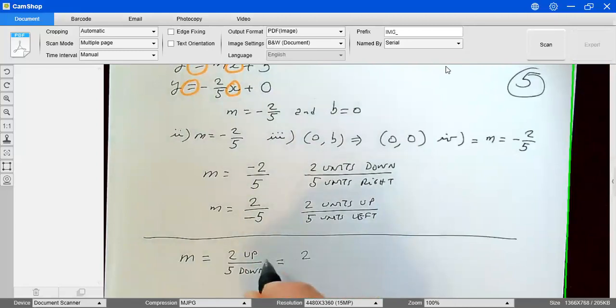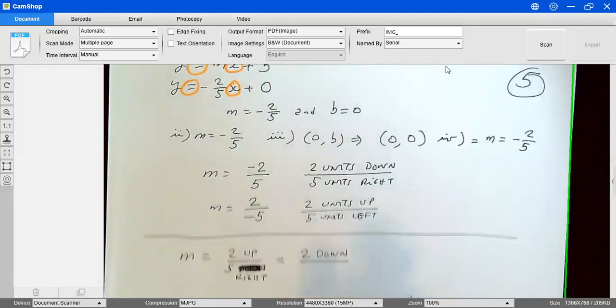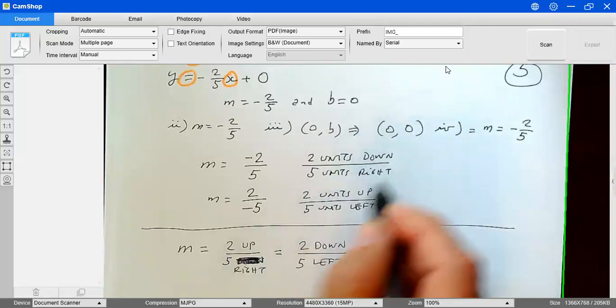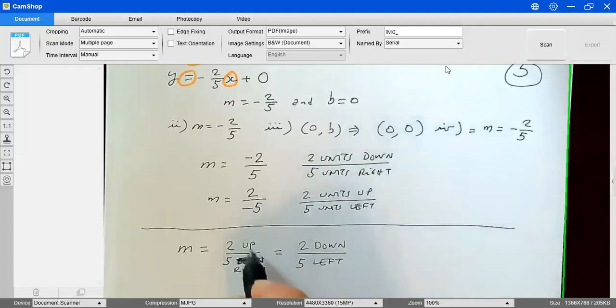So you can switch up to down, and you can switch right to left, and you get the same result. This is a positive slope.